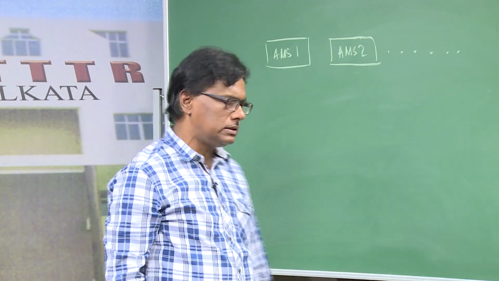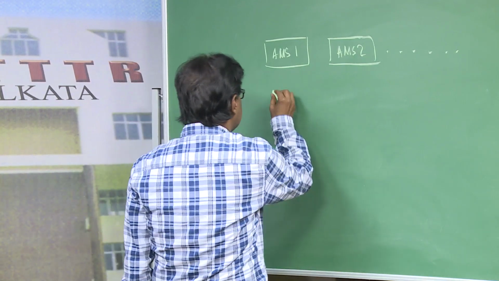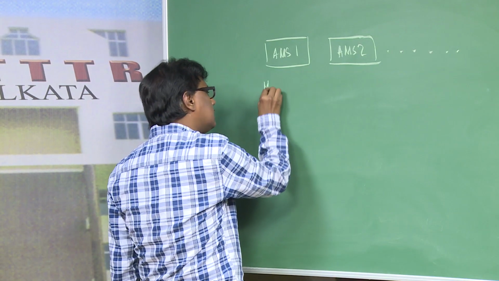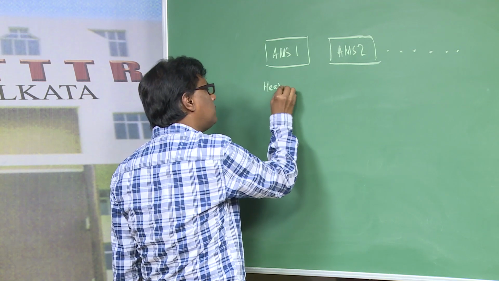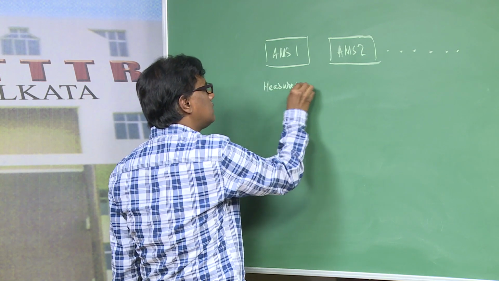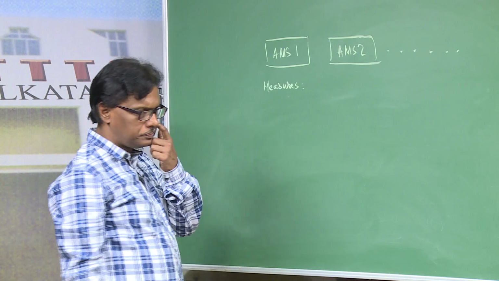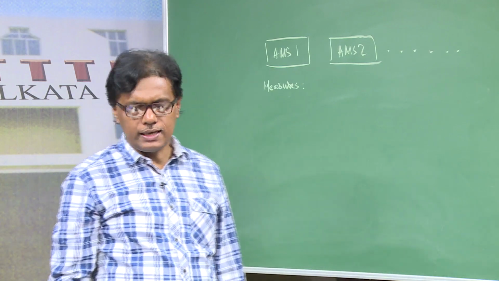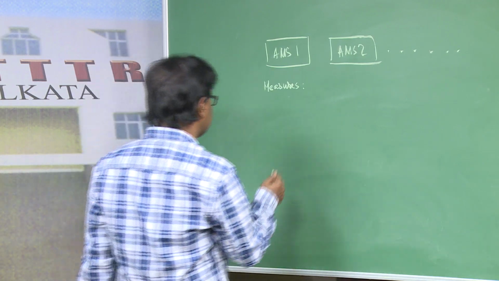What are the indicative measures by which I can compare these manufacturing systems? Actually, there are 8 parameters.